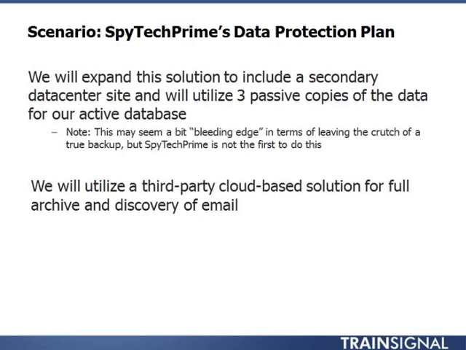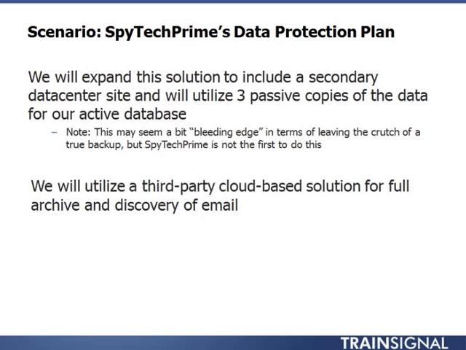Well, in addition to these solutions, we're also going to utilize a third-party cloud-based solution for full archive and discovery of email. So pretty much any email that comes in or goes out of our organization will be retained by this third-party solution. And so in the event that a message is deleted 60 days ago and we now need to restore it, not a problem.